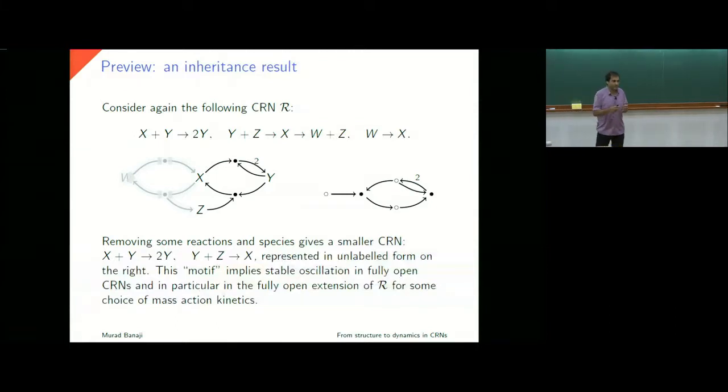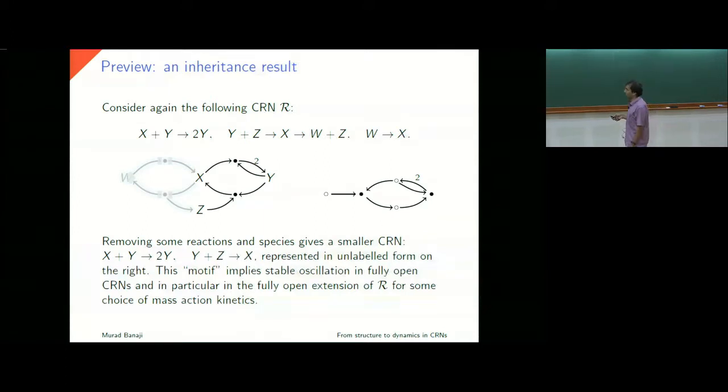It's a little piece of something in a larger network. Now, this motif I can show in various ways admits stable oscillation with mass action kinetics. So if you have a chemical reaction network, it actually has to satisfy an additional condition, which is it must be fully open. If you have a fully open chemical reaction network, which includes this motif in it, then it admits oscillation. That's what I'm going to claim as a result, and that's an example of an inheritance result.